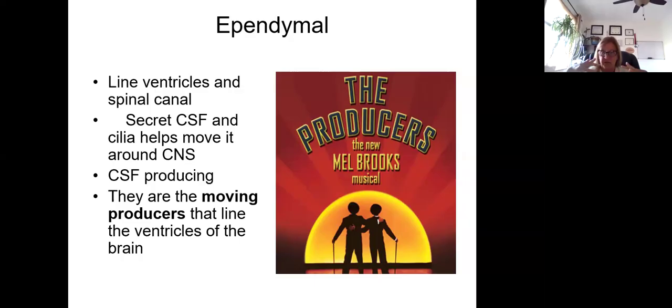CSF is cerebral spinal fluid. So they are constantly producing your cerebral spinal fluid for you. They are moving and they do not rest, and they line the ventricles of your brain.